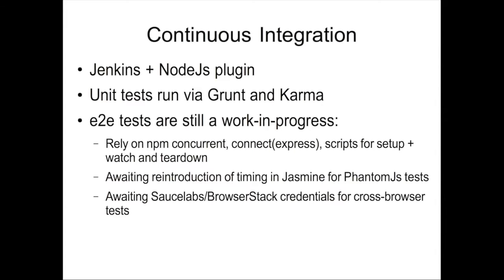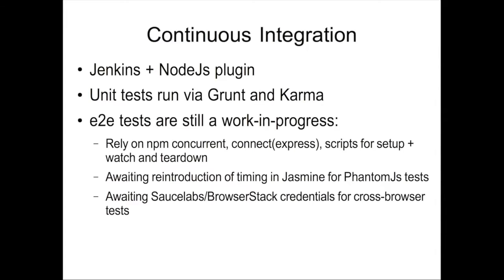I whipped this together in a couple days, and the testers are still using it. So far so good. However, it's awaiting reintroduction of timing in Jasmine for PhantomJS tests. What we're hoping to do next is separate our browser-based tests from our PhantomJS tests, just straight functionality from browser compatibility.